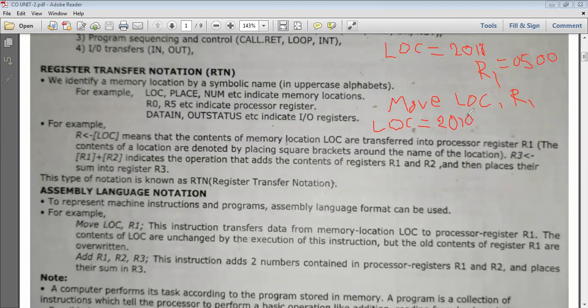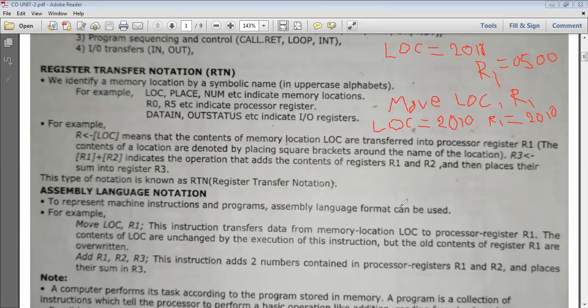Before executing, R1 is 0500. After executing, whatever is in LOC is transferred to R1. So R1 data is overwritten, updated, to 2010.